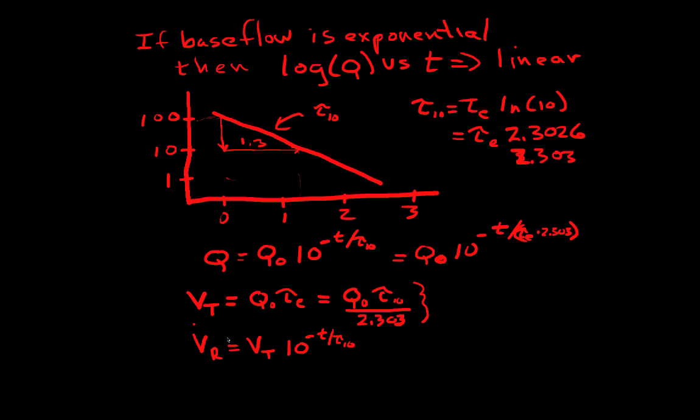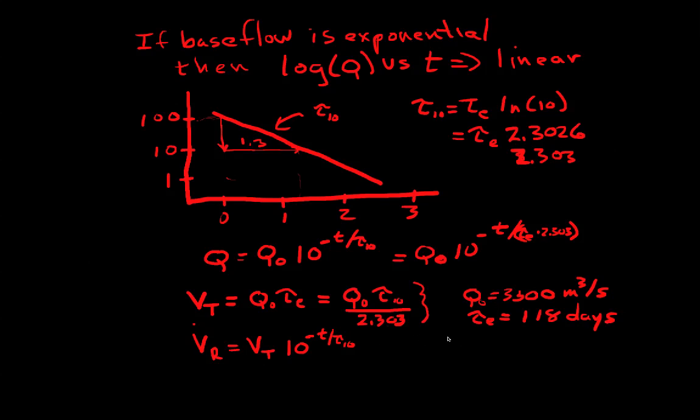Okay, let's plug in our previous numbers. If you remember, Q naught was 3,500 cubic meters a second. Tau E was 118 days. So how much water was there in this aquifer?